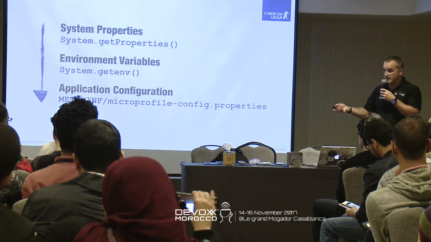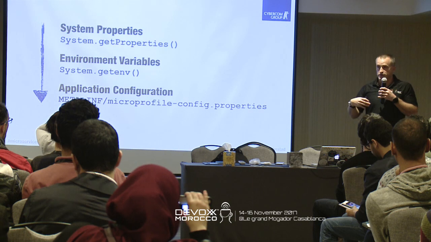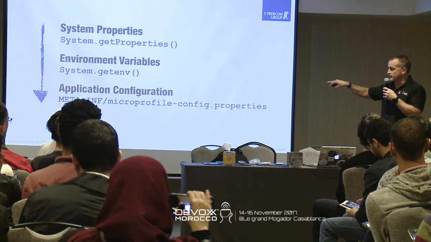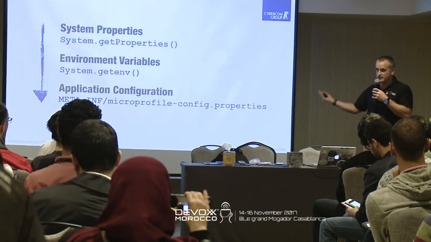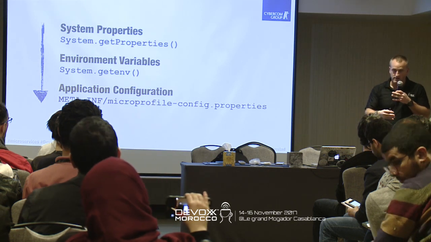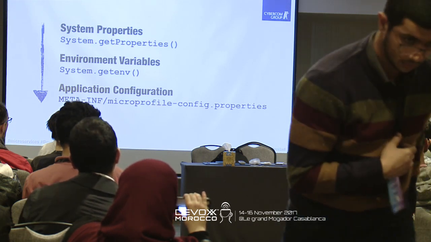And when you run the application on your laptop or your developer station, maybe from your IDE, then it makes sense to have some configuration inside the application. So you can have a configuration file inside your application that you run on your local machine, and when you deploy it to your test environment, you set some environment variables there, and it behaves a little bit differently.